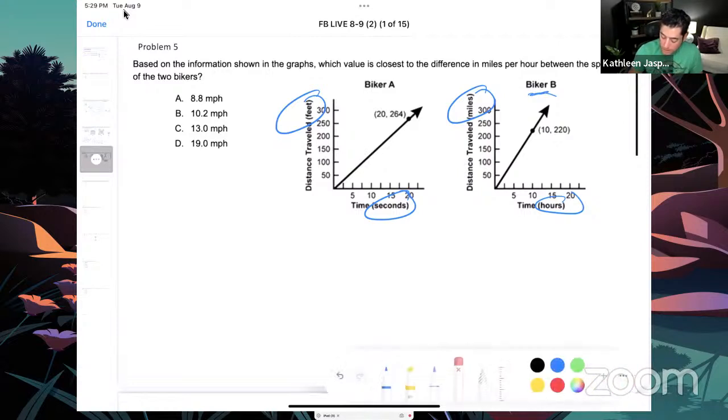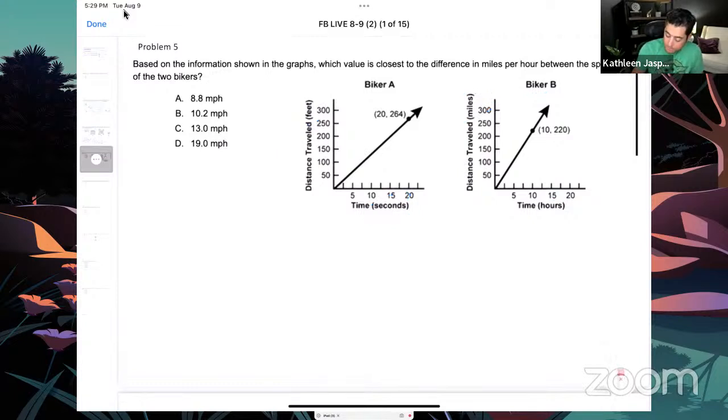And it's all a matter of how you want to convert them. I'll show you my way, and if you like it, great. If not, you can do it the regular way. Well, there's really no regular way, but there are a couple of ways of doing this. I'll start with biker B because that one's a little easier, and it says it in miles per hour.